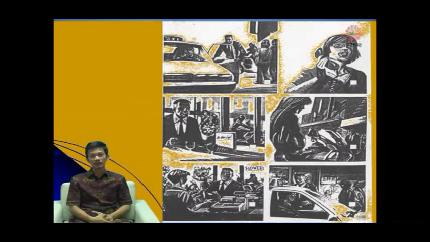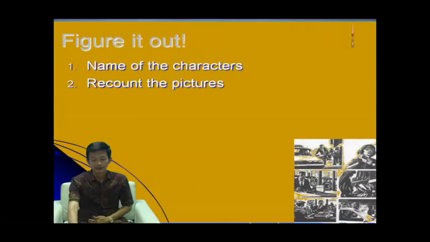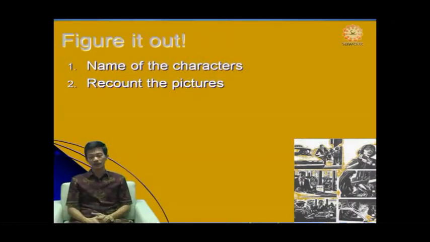By listening to the recorded conversation, I hope you will be able to identify the characters in the picture, at least the names of the characters. And then what you've got to do is to recount the pictures. Which one should be the first situation in accordance with the recorded conversation, and which one should be the last picture.